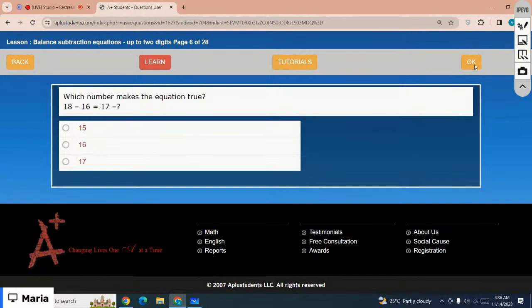Okay, which number makes the equation true? 18 minus 16 equals 17 minus the missing number. So which is the correct option? 18 minus 16 is 2.